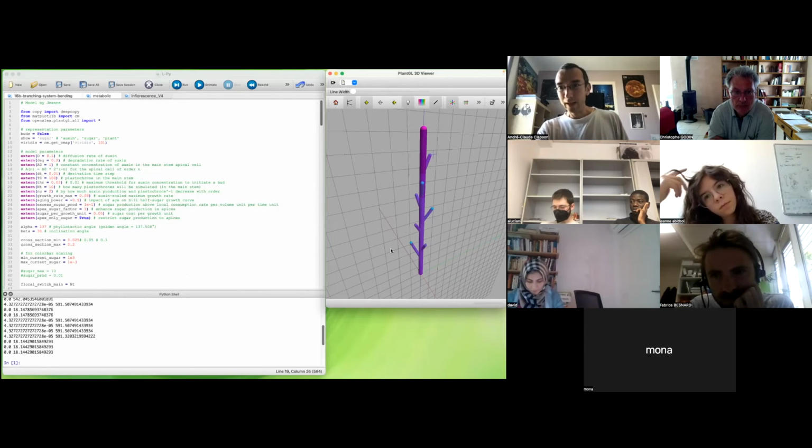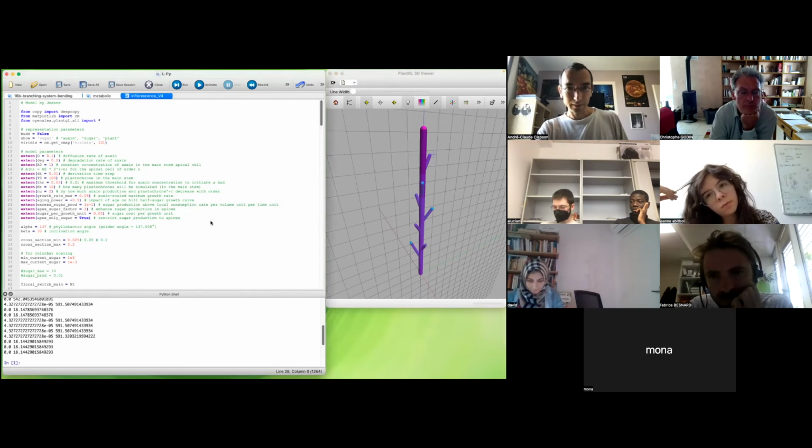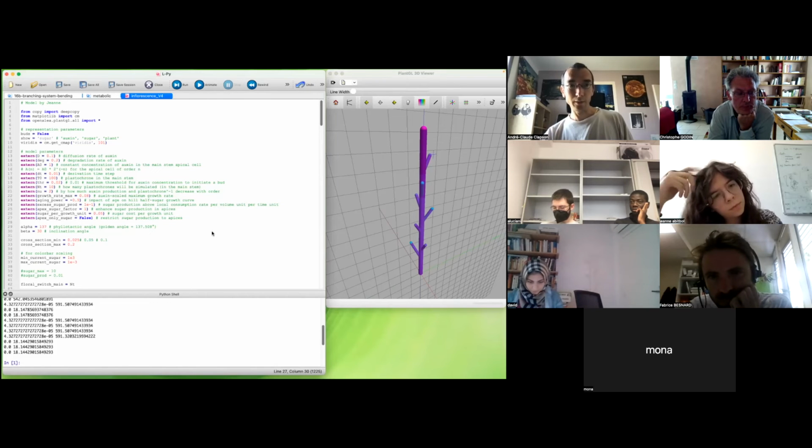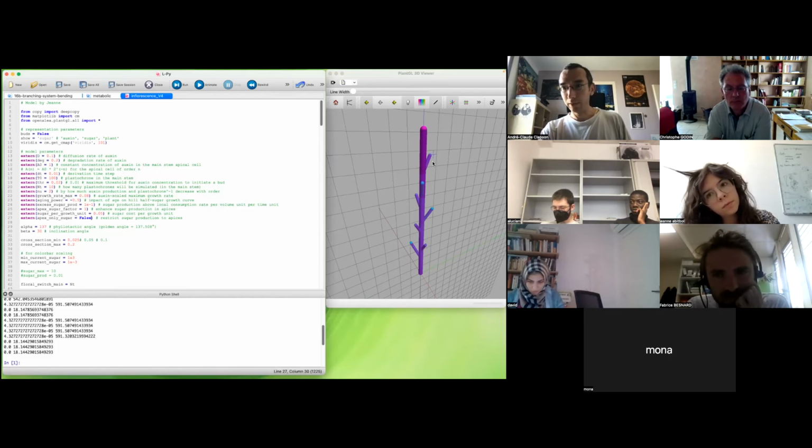What is interesting is that you can change the pattern just by changing where sugar is produced, which kind of makes sense. So here it is produced only at the apices, with the rule that the bigger the apices, so the order defines how much sugar you can produce, essentially.